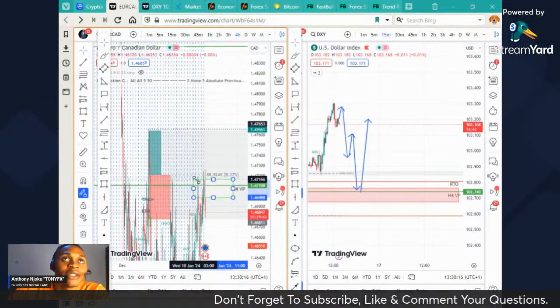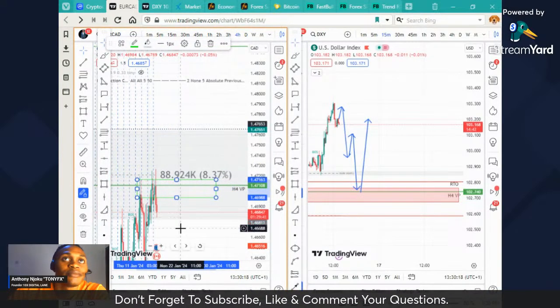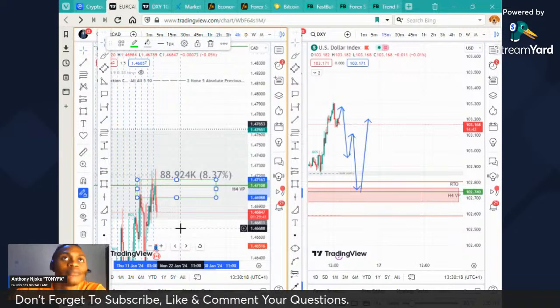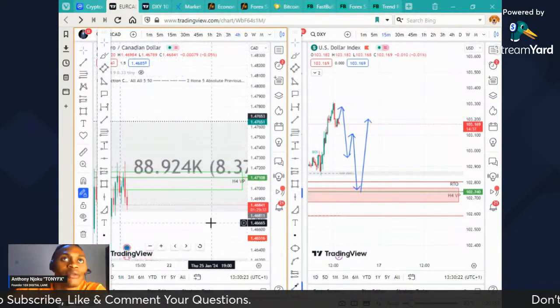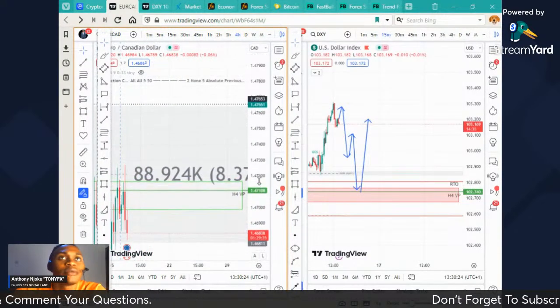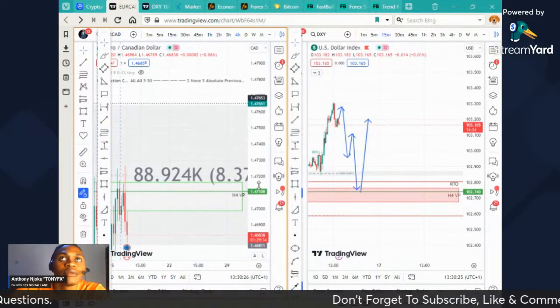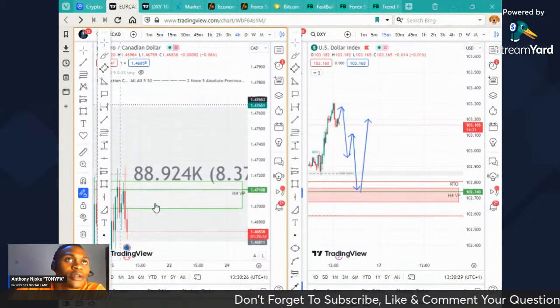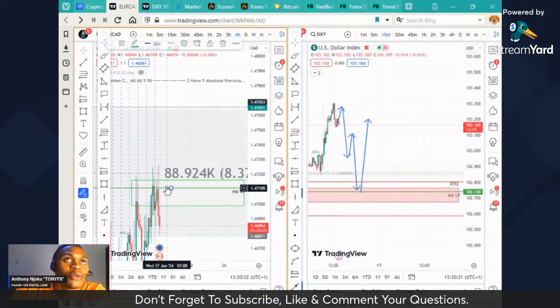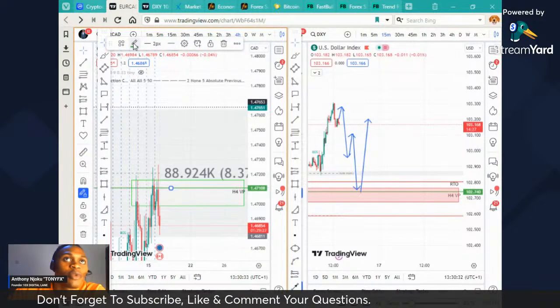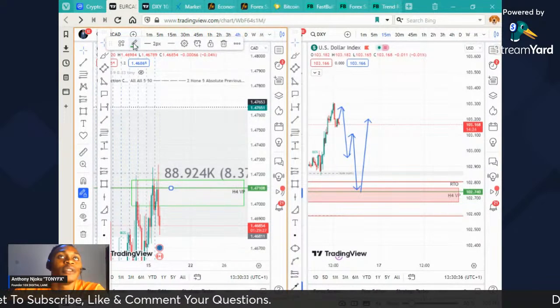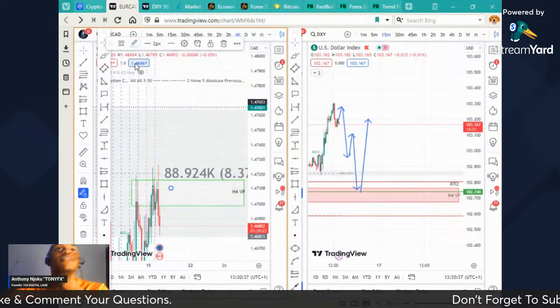This is the last green candle over there. We marked out the top and the bottom of that week. We need to change this to red because we are looking for sells.